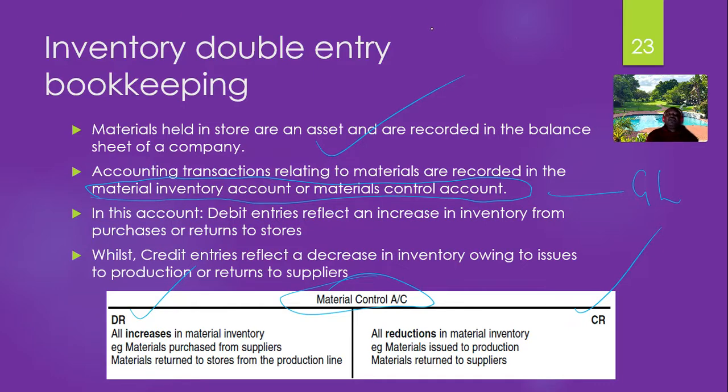There is also an important acronym we refer to as the PAE RLS. P for purchases, A for assets, E for expenses. Then on the other side, we've got RLS.